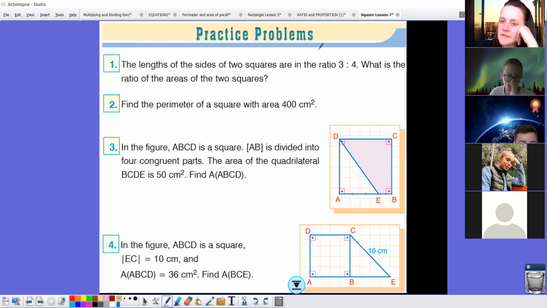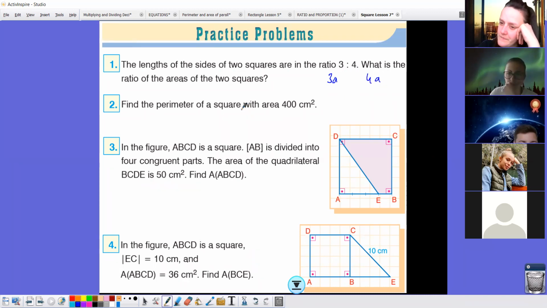If this one is 3 to 4, let's think like this: the side of one square is 3a, the side of the other square is 4a.